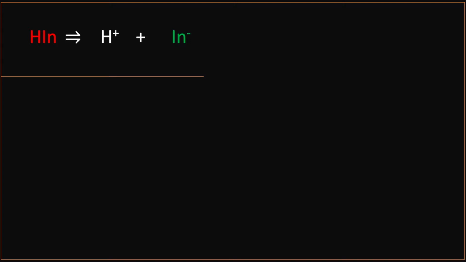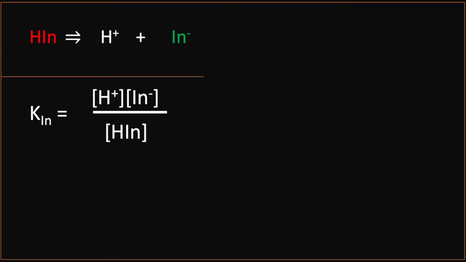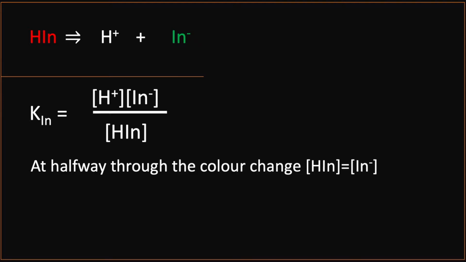So we can work out the pH at which the indicator will change colour. We can look at KIn, which is the equilibrium constant for the indicator. Halfway through, we know those concentrations are the same, and so KIn is equal just to the concentration of H+, and so the pH at which the indicator changes colour is the pKIn.